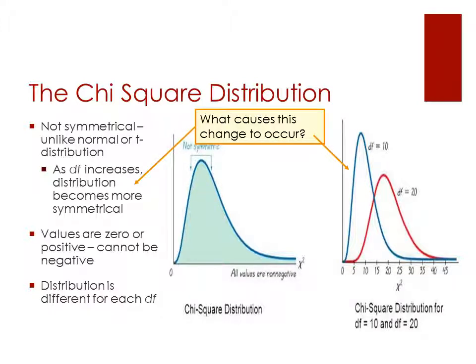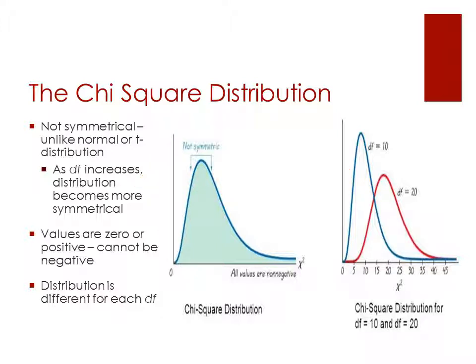Okay? Now, why is that? Why does that occur? What is the driving factor behind that we've talked about already? Well, it's going to be the central limit theorem that we looked at previously. As the degrees of freedom gets larger, we begin to approach a normal distribution. The other thing to be thinking about is that we have a different distribution for each degrees of freedom.